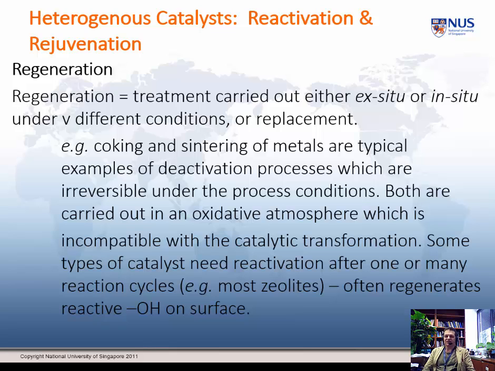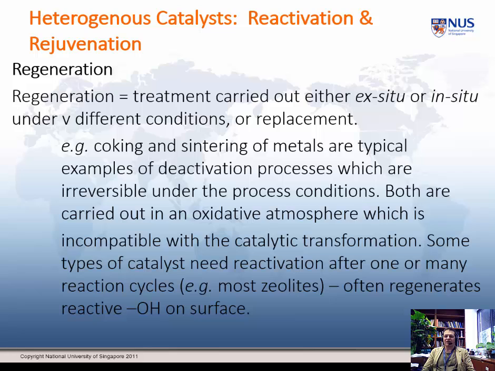Regeneration is the next most severe treatment, and that can be carried out either in situ, that is still in the plant, or you take it out and treat it under different conditions, or you replace it and treat it, or whatever. So effectively, coking and sintering are typical examples of deactivation processes which are irreversible under your normal process conditions.